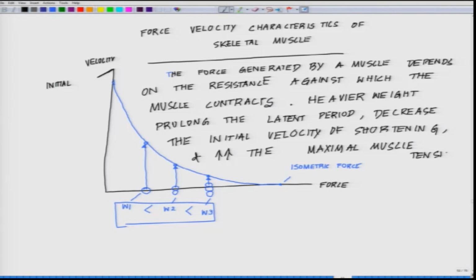As you can see here, look at this part of the graph.